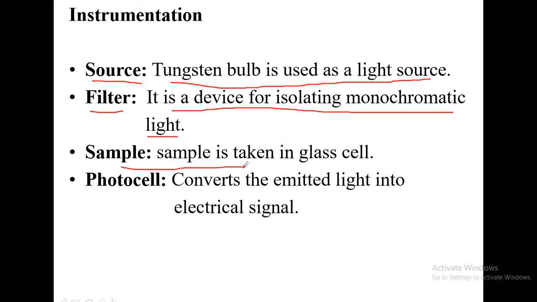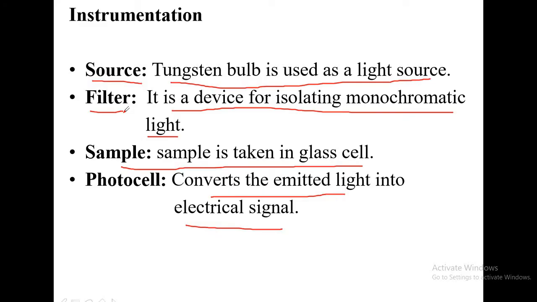The sample is taken in a glass cell, and the photocell is the detector. It converts the transmitted light into an electrical signal. So the source is a tungsten bulb, used as a visible light source, which is a mixture of many wavelengths.